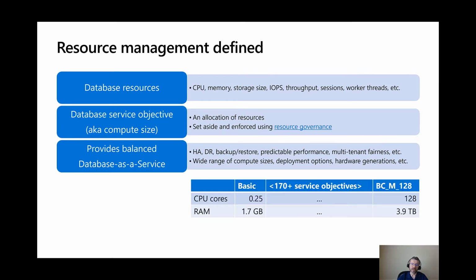So today, if you look at available service objectives, they range from basic in the DTU model with just 1/4 of a CPU core and 2 gigabytes, all the way up to a business critical M-series database with 128 cores and 4 terabytes of memory. All of that made possible by having a resource management tier that manages resource usage.